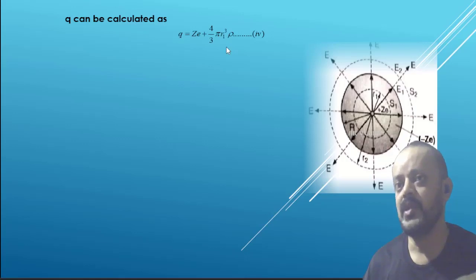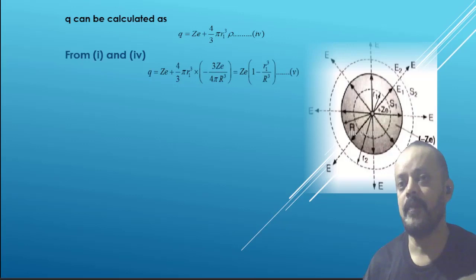As we substitute the value of rho, we get Q is equal to Ze plus 4 by 3 pi R1 cube multiplied by minus 3Ze divided by 4 pi capital R cube. As we solve it, we get the value of Q inside the Gaussian surface, that is Ze in bracket 1 minus R1 cube divided by capital R cube. Let this be equation 5.